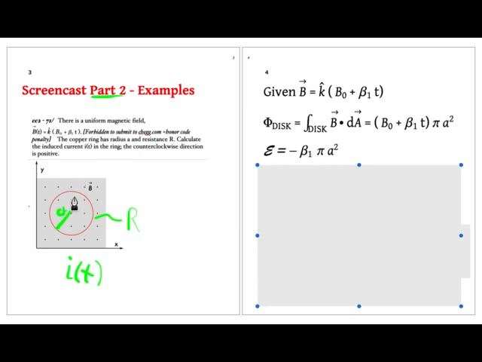Now, dΦ/dt will be positive, but the EMF will be negative. Positive means out towards you. That's the direction of increase of B. But electromotive force opposes the change in the magnetic field, so it will be back in the negative z direction.